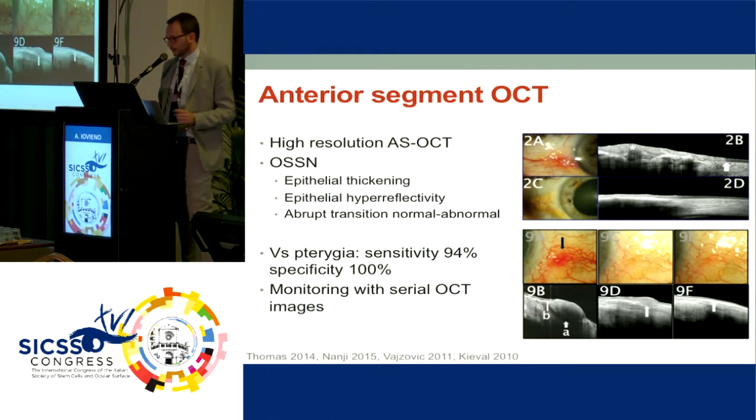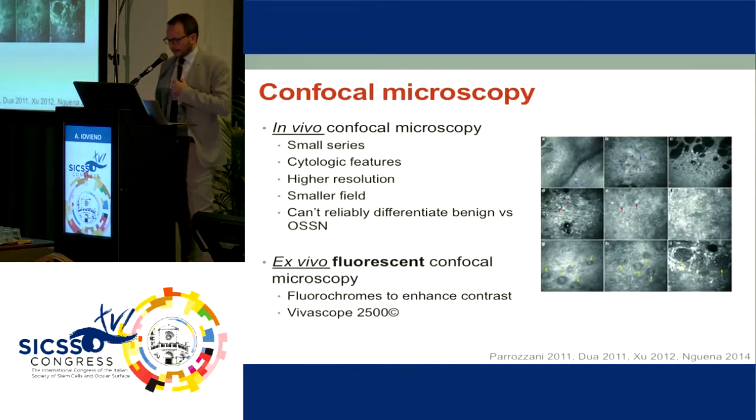So sensitivity and specificity are higher than those of cytology, and the advantage is that in this way we can also have sequential monitoring. So sequential OCT images of patients that have been treated with chemotherapeutics actually may show a lot, maybe very interesting.